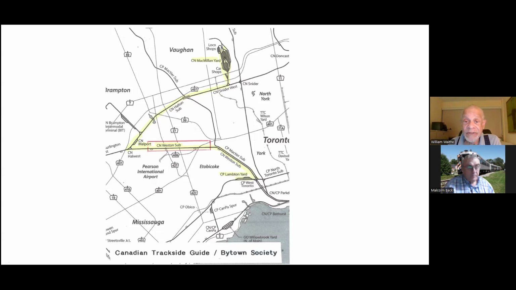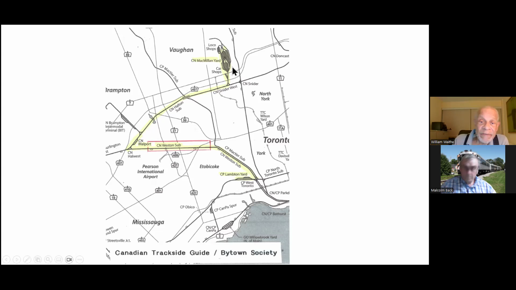In fact, the Macmillan Yard section reserved for freight coming to this area referred to about 60 industries in the Toronto area. There's, of course, nothing like 60 now. Actually, as of 2 years ago, only one local served the industries here.